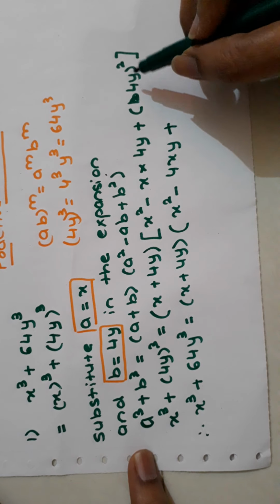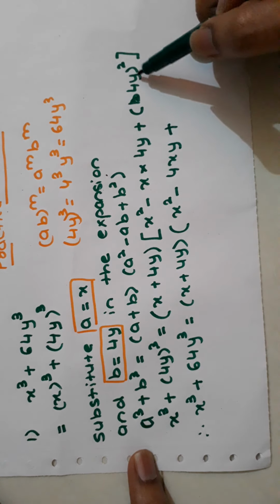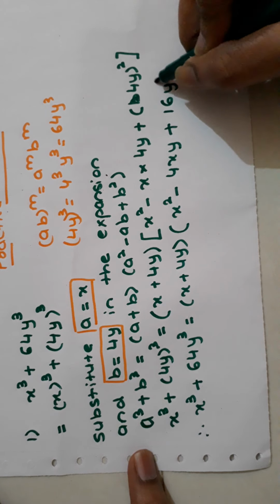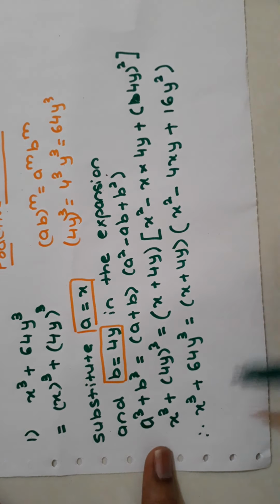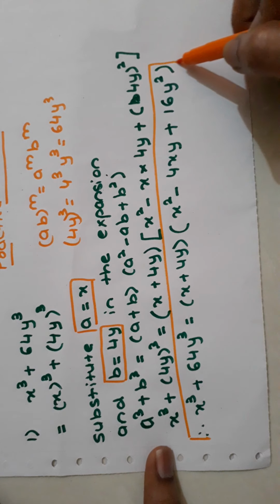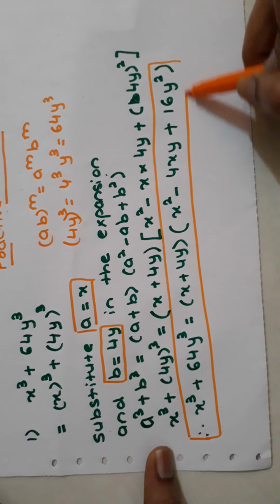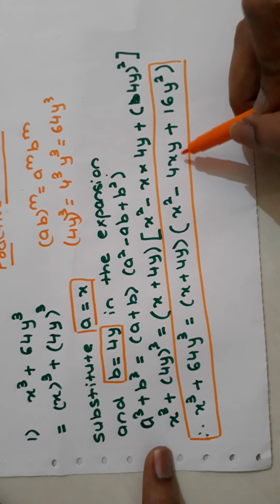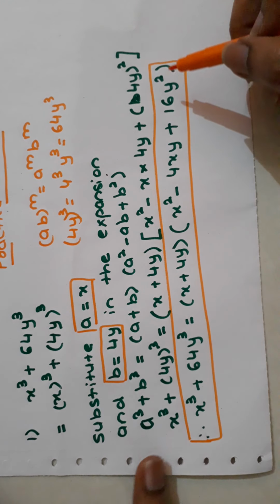Plus, by the law of indices, 4y the whole square is 4 square, that is 16, and y square. So the factors of x cube plus 64y cube are x plus 4y and x square minus 4xy plus 16y square.